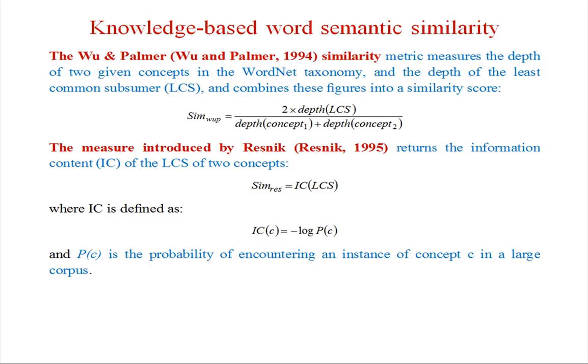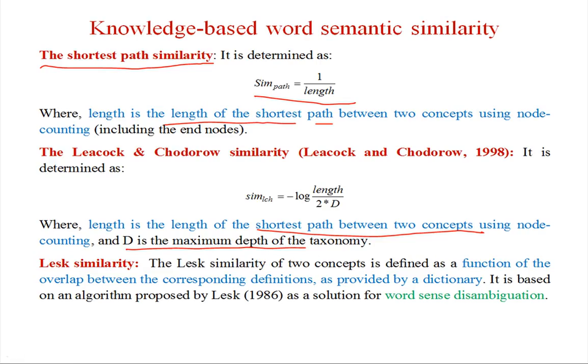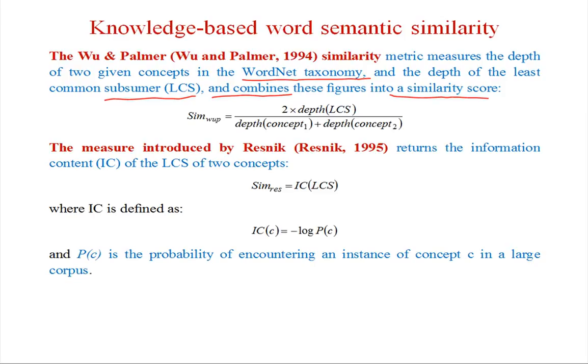Wu and Palmer similarity measure. This metric measures the depth of two given concepts in the WordNet taxonomy and the depth of the least common subsumer, LCS, and combines these figures into a similarity score. For example, for horse and cat, it identifies the LCS score first, and the depth of concept 1 and depth of concept 2.